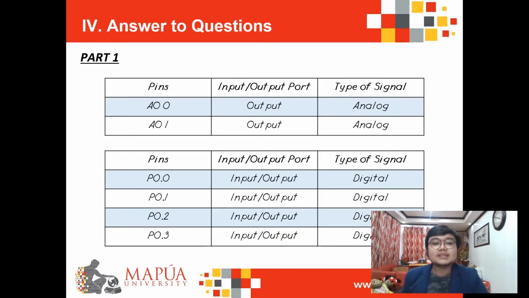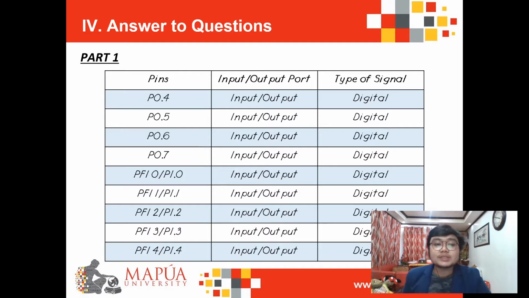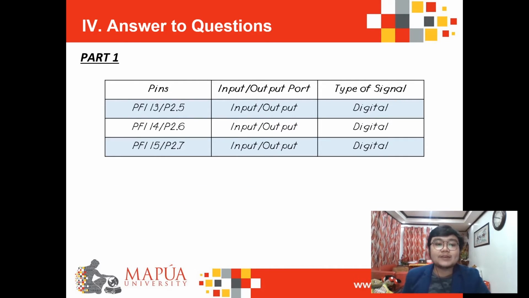So for the pins, port 0.0 up to port 0.7, PFI 0/P1.0 or port 1.1 up to PFI 15/P2.7, they are considered as digital input/output or digital I/O.